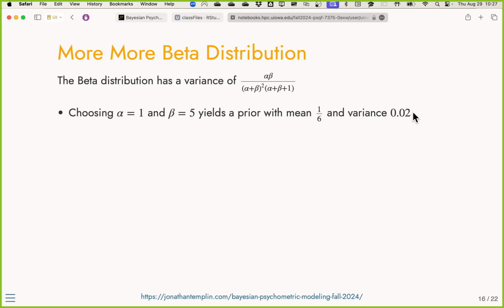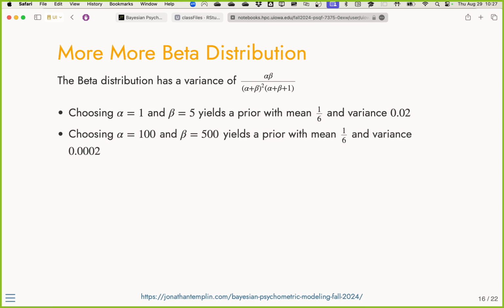The variance of 0.02 is quite small, but remember the range of the parameter is quite small. It's between 0 and 1. If we use an alpha of 100 and a beta of 500, our mean is still 1/6, but our variance is, I believe, 100 times smaller: 0.0002. So now, if you were to describe which one quantifies a strong belief relative to a weak belief, choosing the larger alpha and beta is a strong belief.